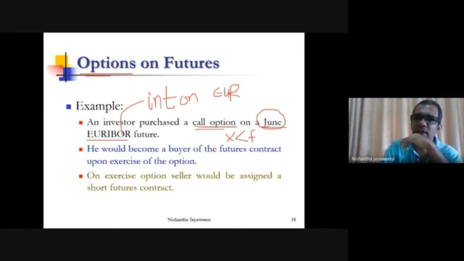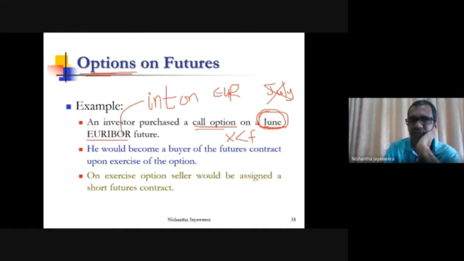So you cannot have an option on June Euribor maturing in July. That cannot happen because your future expires in June. Therefore, the expiry of the option should be less than the expiry of the futures contract.